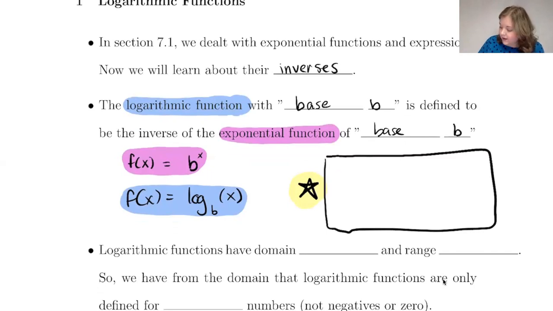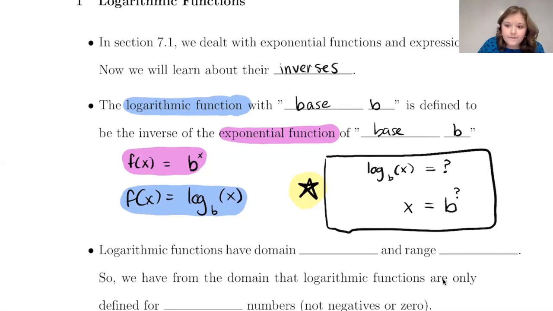So if we have log base b of x equal to some mystery number, I'll write a question mark, then we can rewrite this as an exponential equation where it is x equals b to that power that's a question mark.